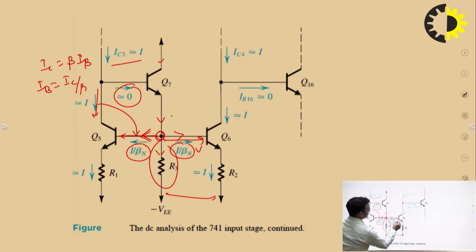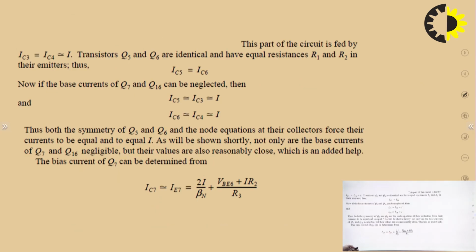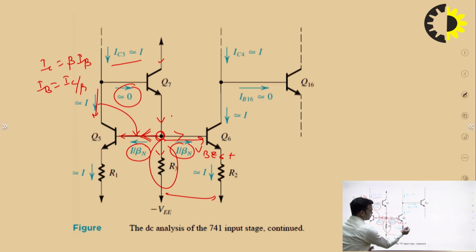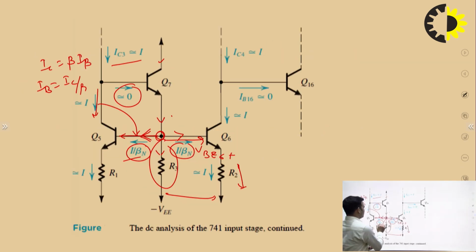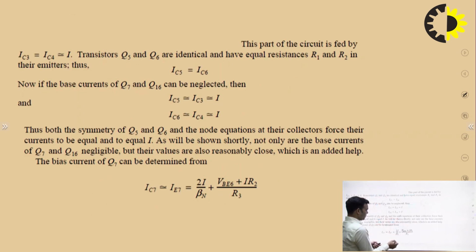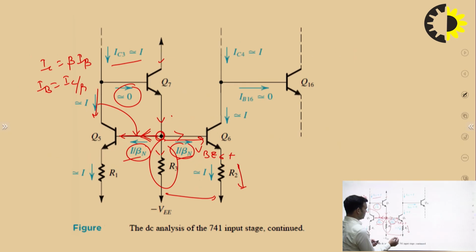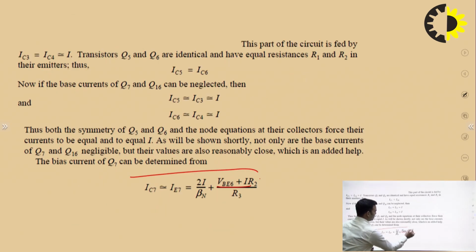That means VBE6 plus this voltage, which is nothing but I and this resistor R2. So we can write IC7 is nearly equal to IE7, which is equal to 2I upon beta, that is I upon beta plus I upon beta, plus VBE6 plus IR2, this is the voltage, and the current will be that divided by R3. So this is how we got this value.